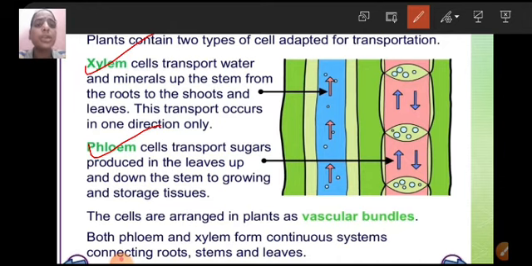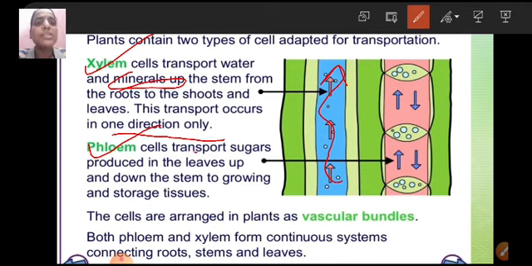This transport occurs in one direction only. So xylem are the tissues which help in the transport of water and minerals, and the thing to be noted here is that water and minerals will always be transported in one direction only, that is in the upward direction from the roots to all the parts of the plants.